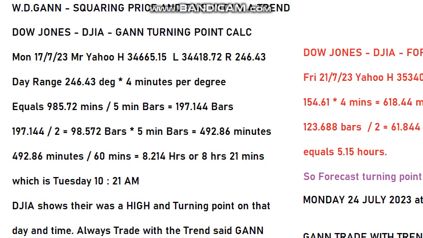985.72 minutes, divided by 5-minute bars, which is what we're looking at on our chart, an intraday chart. That gives us 197.144 bars. Divide that by 2 to get the halfway point of the price and time, and you get 98.572 bars times your 5-minute bars, which gives you 492.86 minutes.